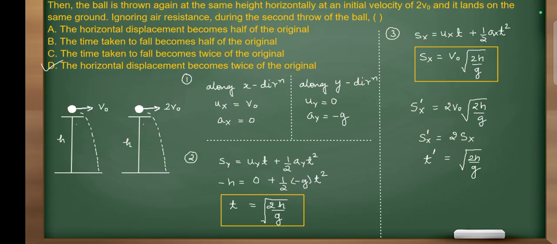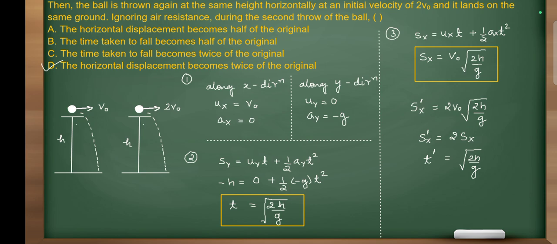According to the second equation of motion, s is equal to ut plus half at square, and here we are seeing the motion along the y direction. So displacement will be equal to minus h, and the initial velocity along y direction is 0. We put the acceleration along y direction, that is minus g, and we get the time equal to root 2h by g.